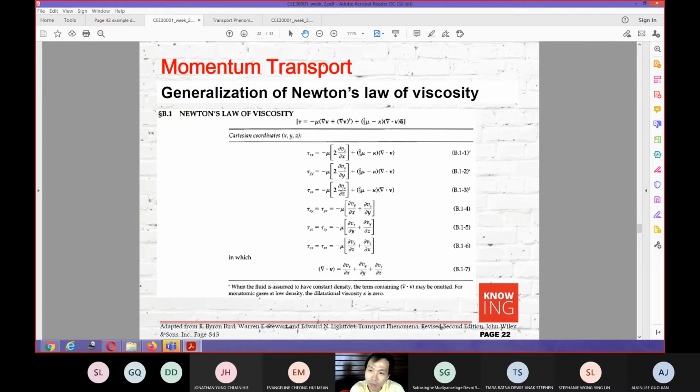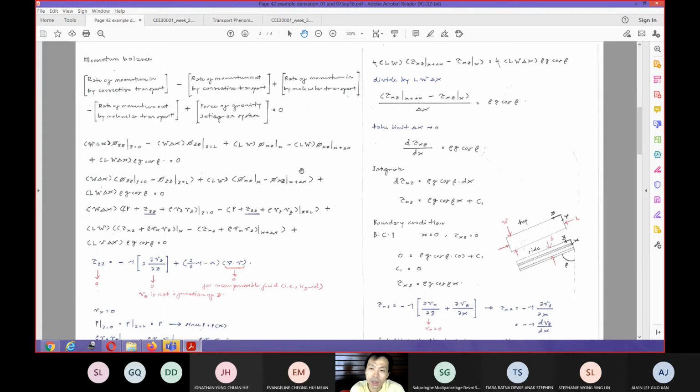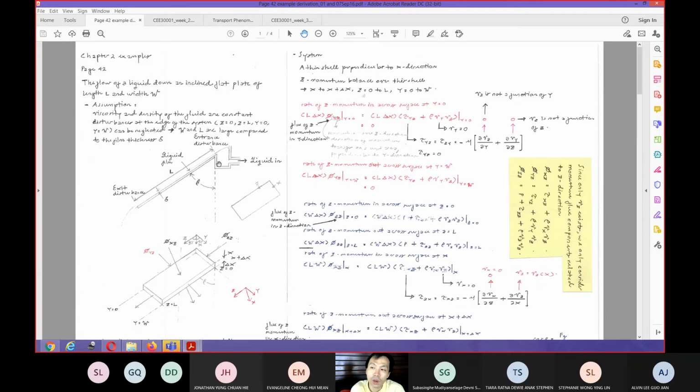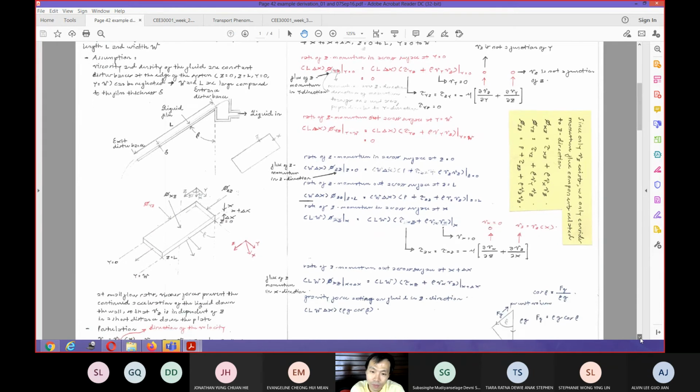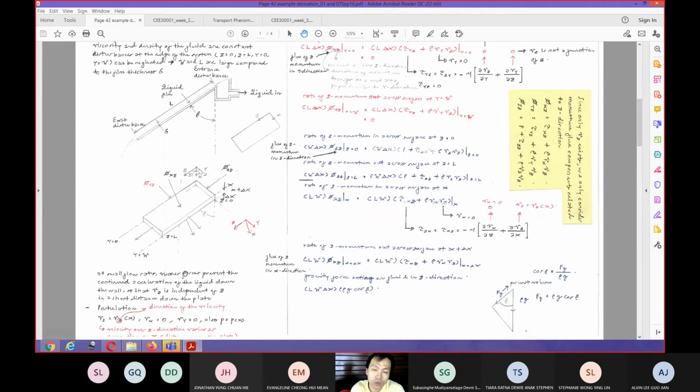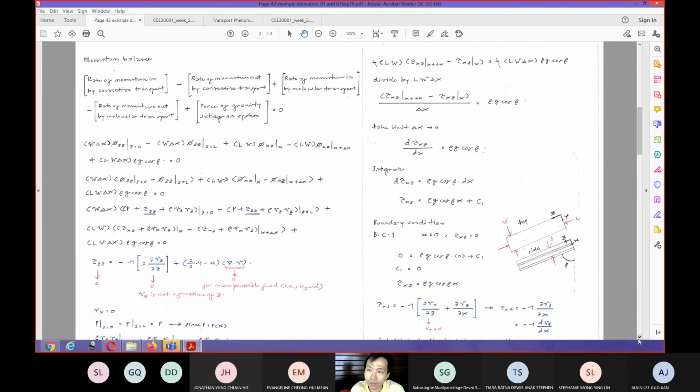If it were a function of z, it could slow down or become faster with increasing z, but like we said already, our assumption is that at small flow rates viscous forces prevent continued acceleration. So Vz is independent of z in a short distance down the plate.